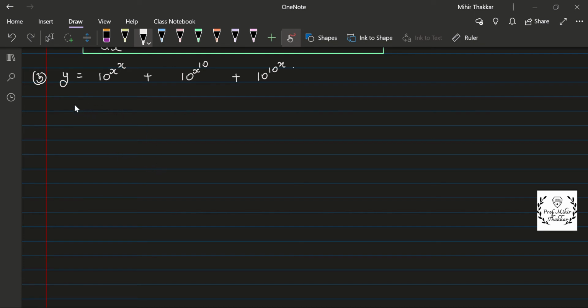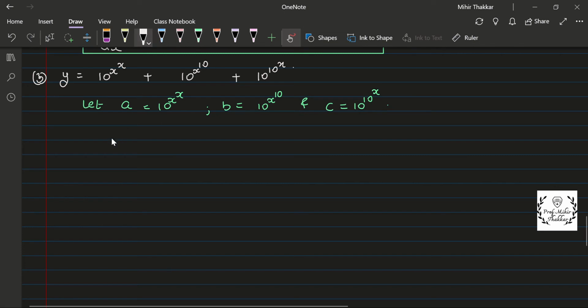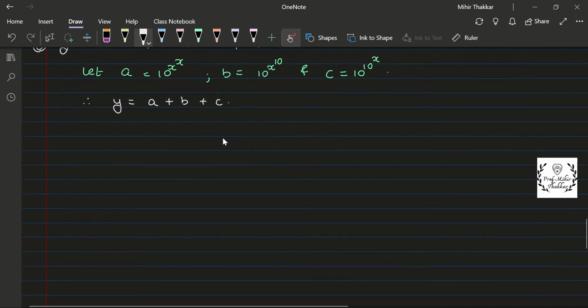So I will consider over here, let a is equal to 10 raised to x raised to x, b is equal to 10 raised to x raised to 10, and c is equal to 10 raised to 10 raised to x. Therefore, y is equal to a plus b plus c.